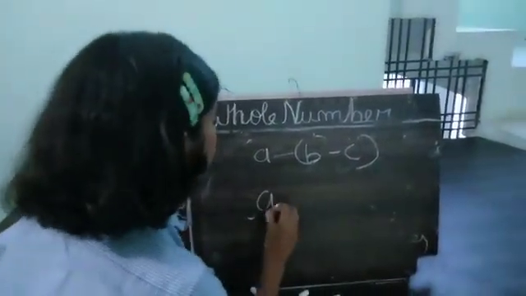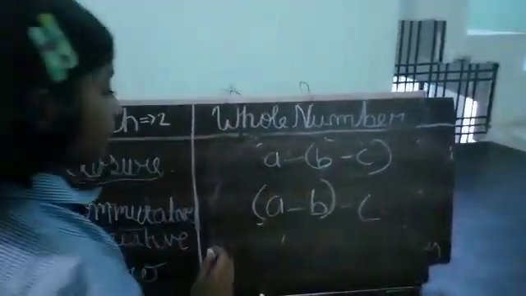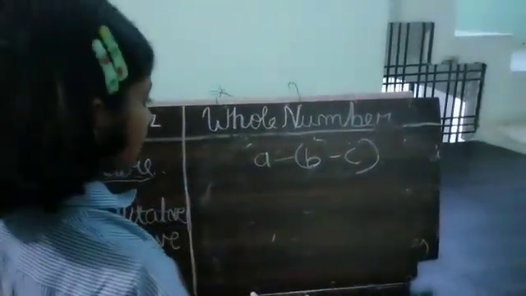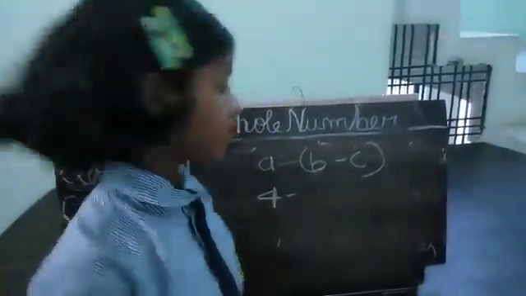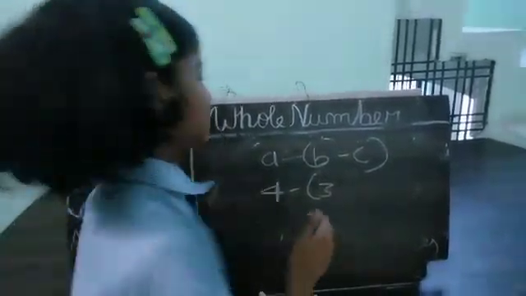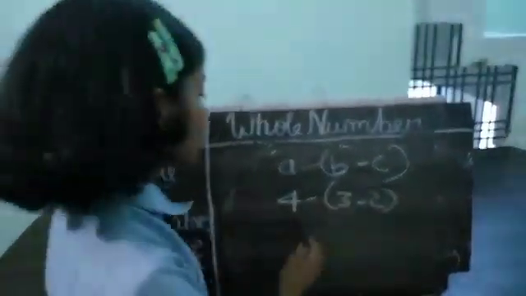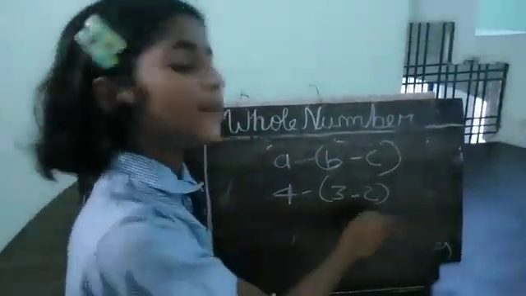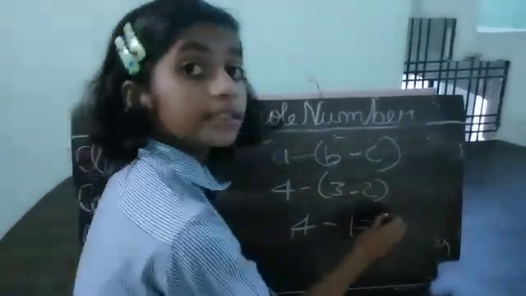By number, the value of a is 4, the value of b is 3, the value of c is 2. So a minus bracket b minus c: 4 minus bracket 3 minus 2. First we solve the bracket. 3 minus 2 equals 1. So 4 minus 1 equals 3.